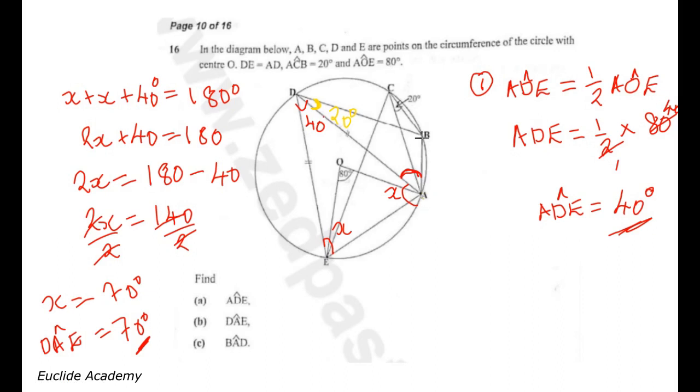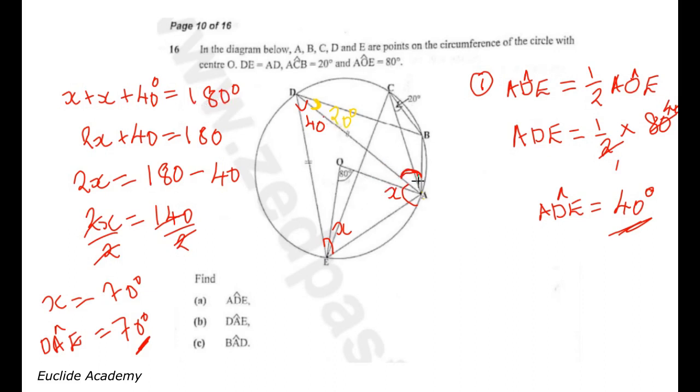If you look at A, B, D, what shape is this? A, B, D is a triangle, and we know that angles in a triangle add up to 180 degrees. So if you add this 20 plus this angle right here plus the angle we're looking for, which is BAD, it should give us 180 degrees.